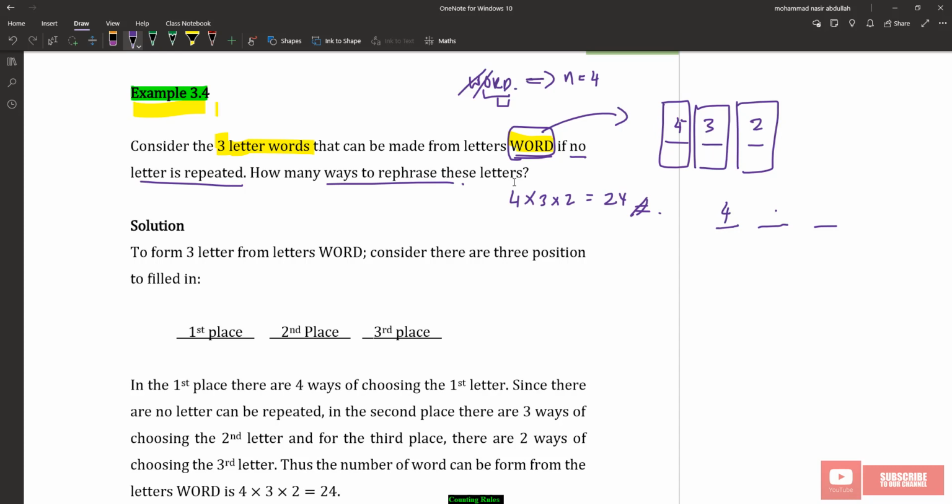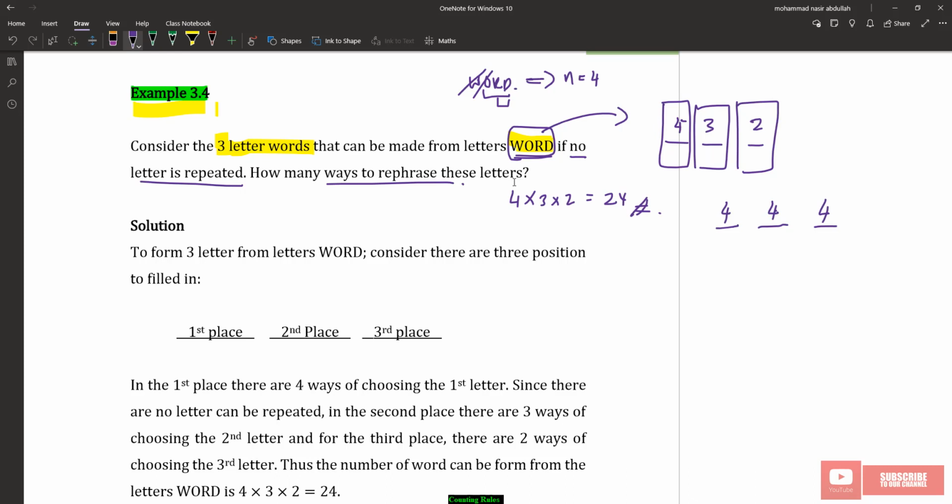For the second step, let's say in the first step you already chose W. In the second step we can always choose W too. You can also choose W because repetition is permitted. So the second step is 4, and the third step is also 4. So 4 multiplied by 4 multiplied by 4.